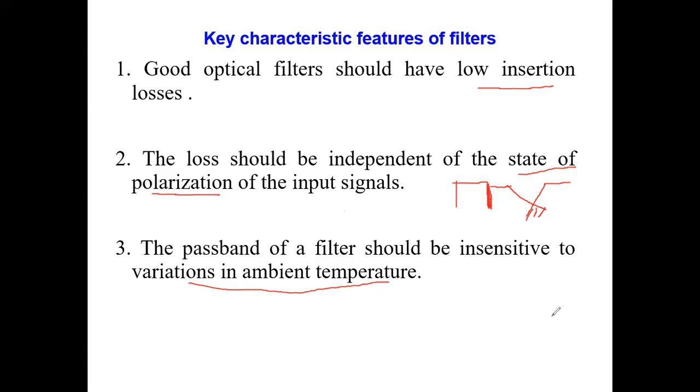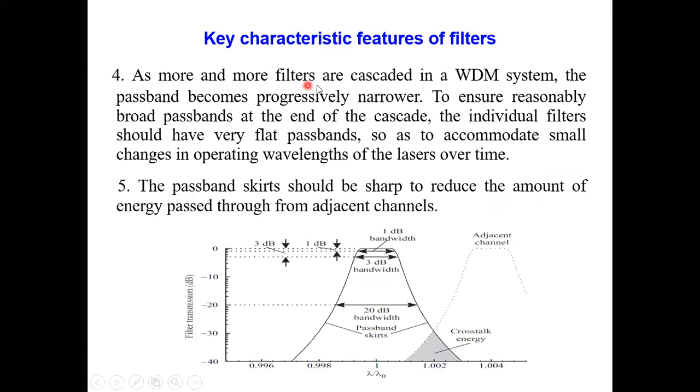So these are some new terms that are coming. These 3 points plus all your points are there, and then 2 more points. As more and more filters are cascaded in a WDM system, because we just discussed multiplexers, so filters and multiplexers will all be there in the system, the passband becomes progressively narrower, like this one. This is where your aliasing, crosstalk, ISI are all present.